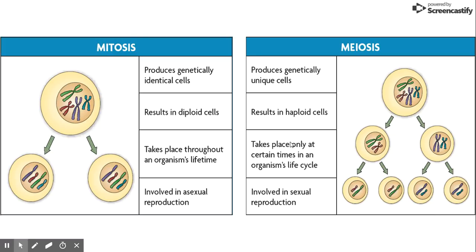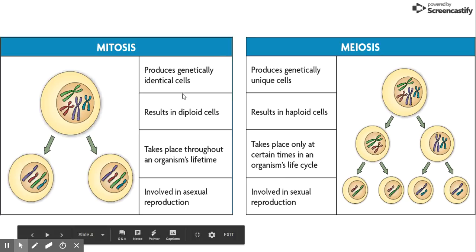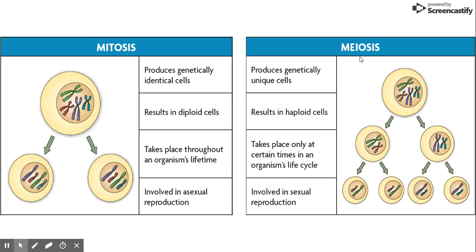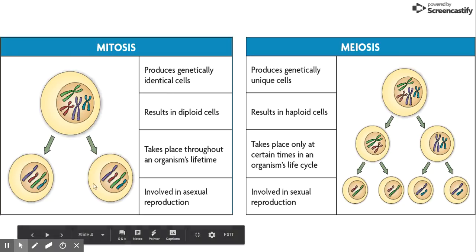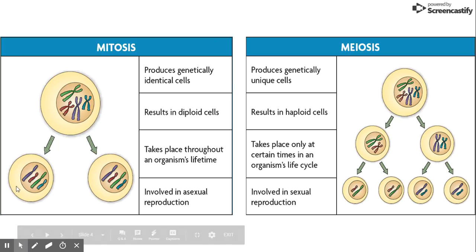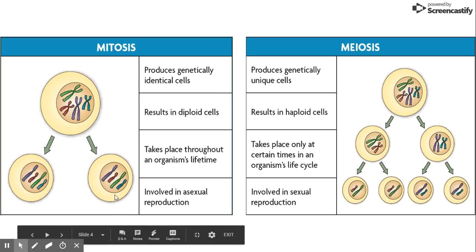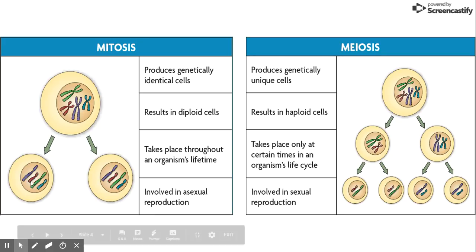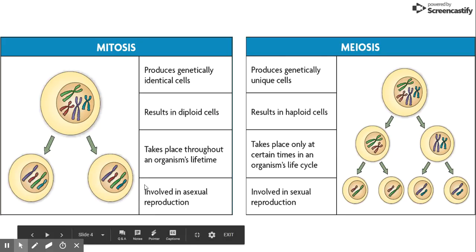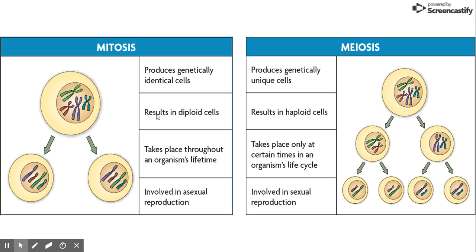I want to compare and contrast meiosis and mitosis with you. So you might want to make a T-chart in your notes so that you have this comparison for yourself. Mitosis produces genetically identical cells. That means when we look at these cells, they are exact copies of each other. We have a purple chromosome, we have a red, green, blue in both cells. We also have diploid cells.